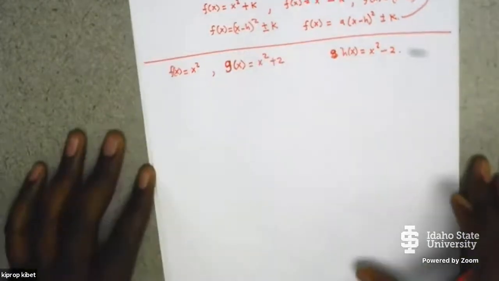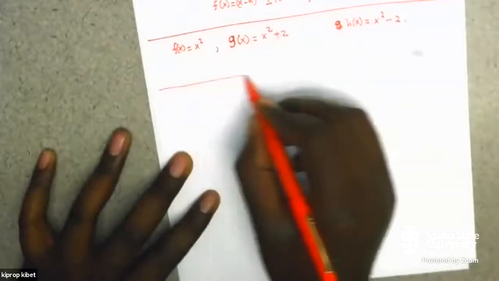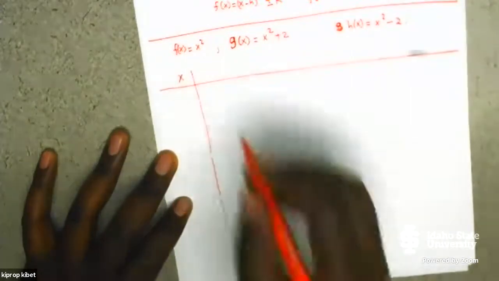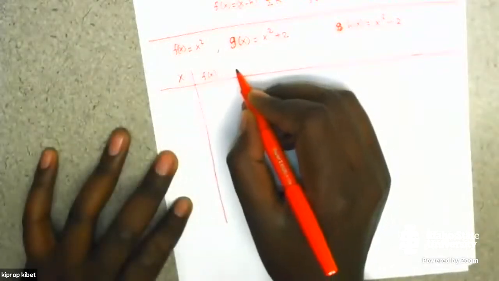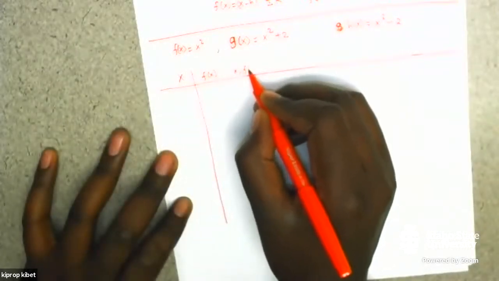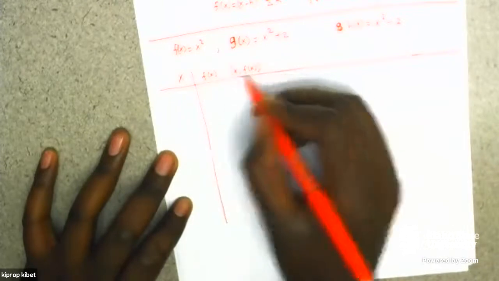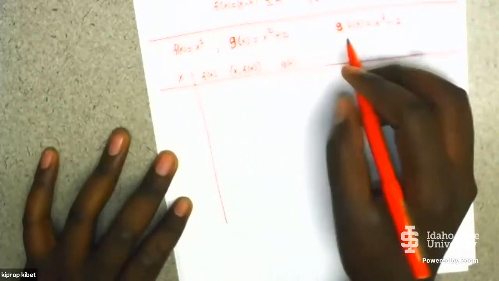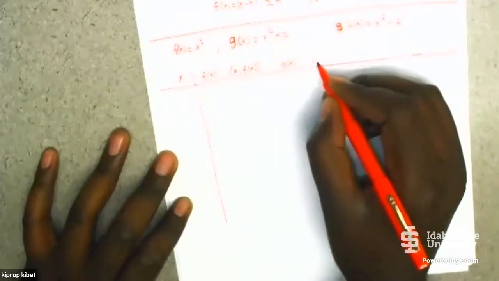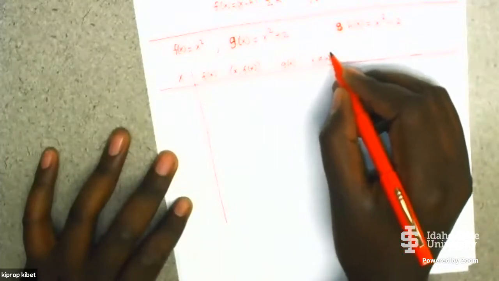Okay, so here, we can make a table. We use x, and then we want to get f of x. We want x, g of x.